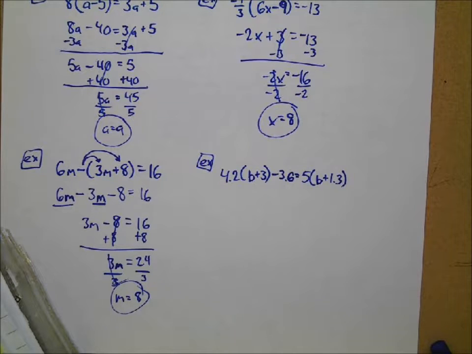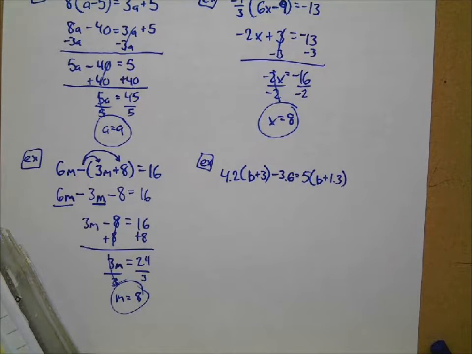Some people do that all in one step. So you have 4.2 b plus 4.2 times 3. What is 4.2 times 3?